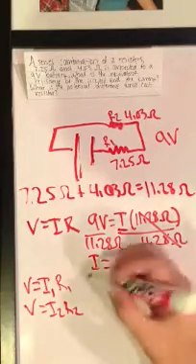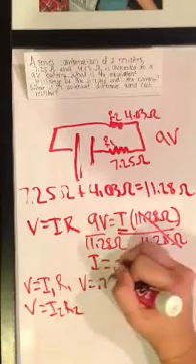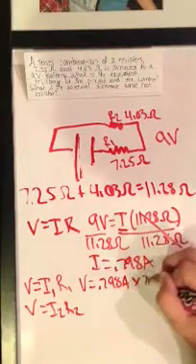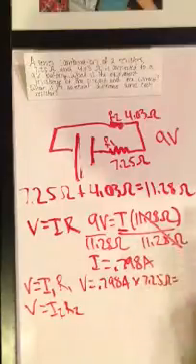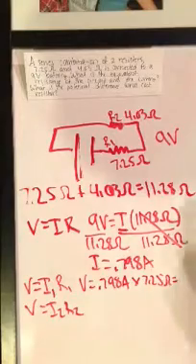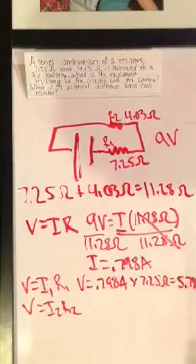So to do that, we do V equals 0.798 times 7.25 ohms, and we get 5.78 volts.